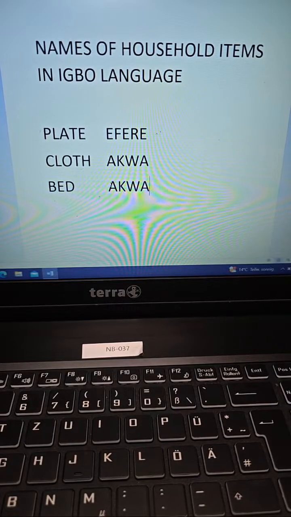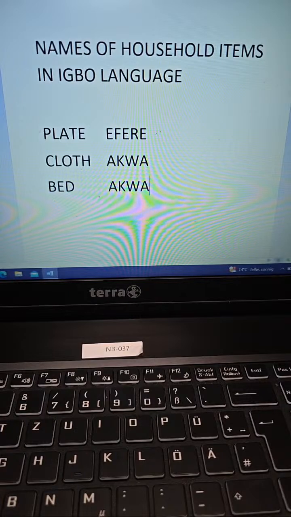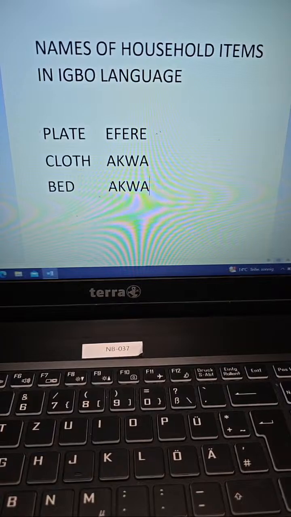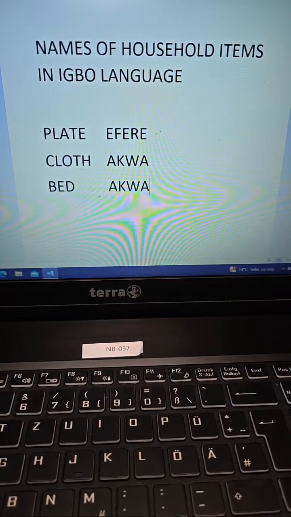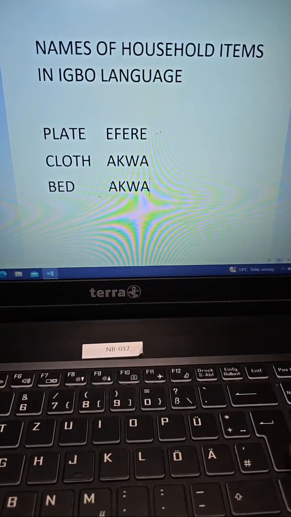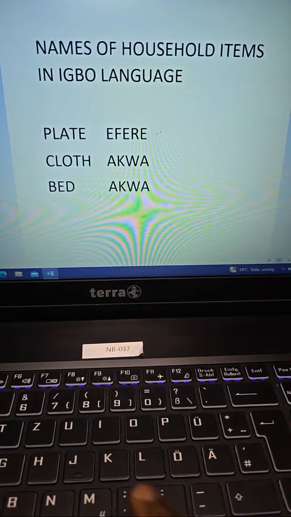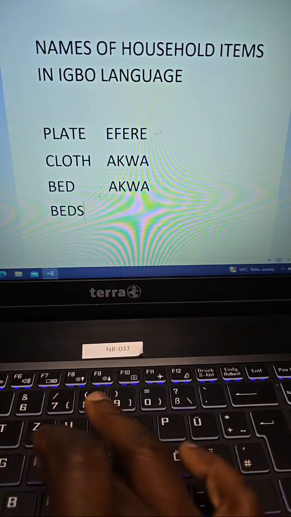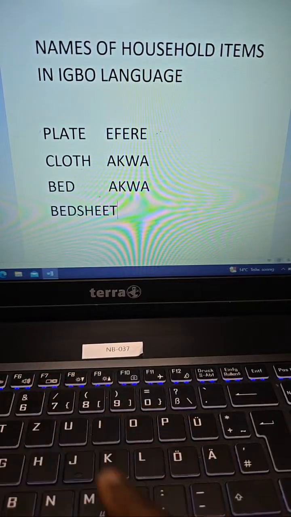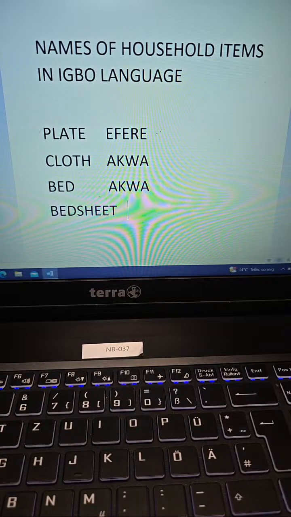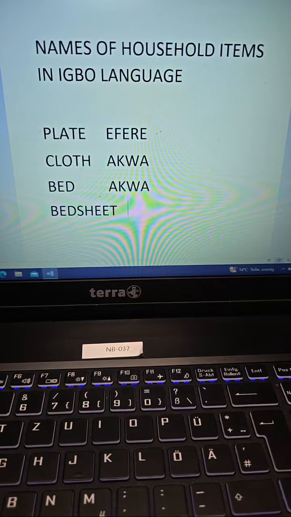But in the bed, the two A's go down. Clothes, aqua. Bed, aqua. Bed sheets: aqua nsashi aqua.